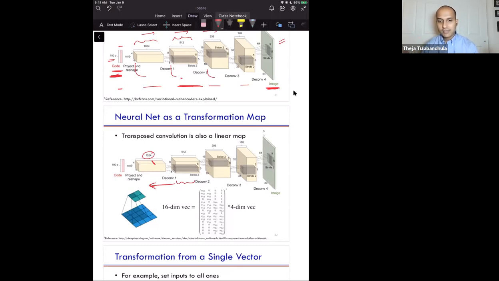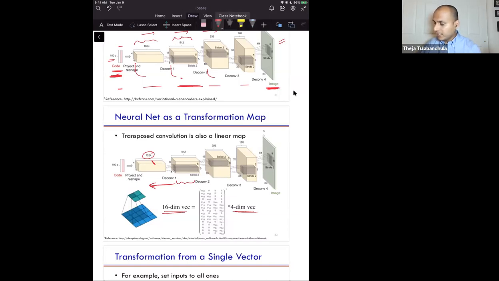If you vectorize your filter and vectorize your input, that same idea can be used to go from a 4-dimensional vector, for example, to a 16-dimensional vector. All I'm saying is, just like in the conv case, we were using filters.